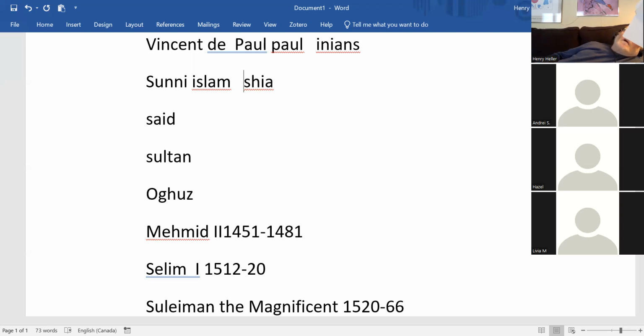There is the idea of praying several times a day in the direction of Mecca. And there is the idea of the pilgrimage. Once in a lifetime, a good Muslim should make a pilgrimage to Mecca. So, monotheistic religion, Muhammad writes the Quran, which is the holy book.